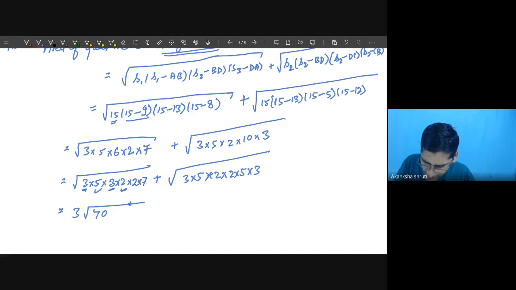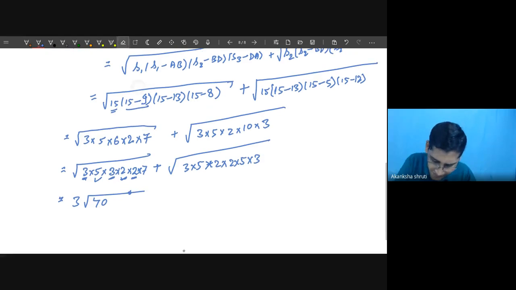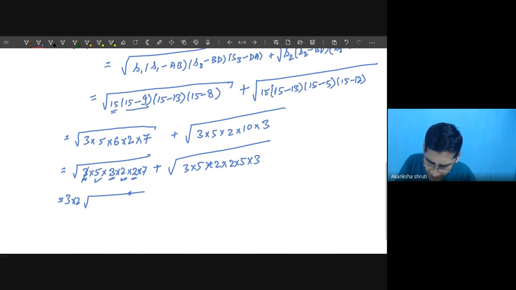So even this 2 can also be taken out. Very good. So we shall write this as 3 into 2. These 3 is out, these 2 is out. Only left is 5 and 7. 5 7s are 35. So we shall keep only 35 inside.